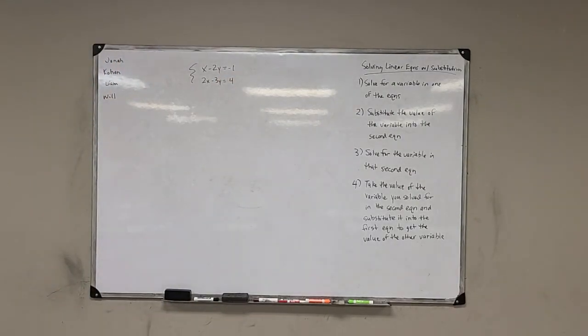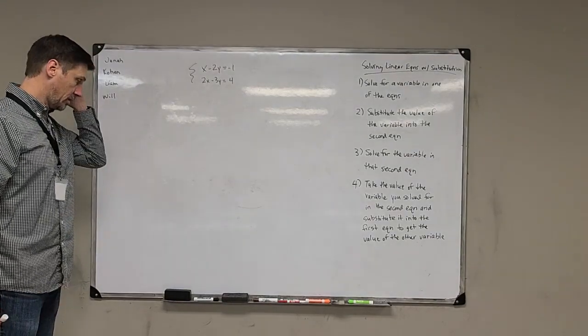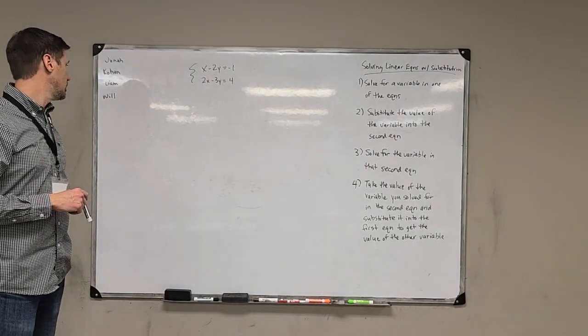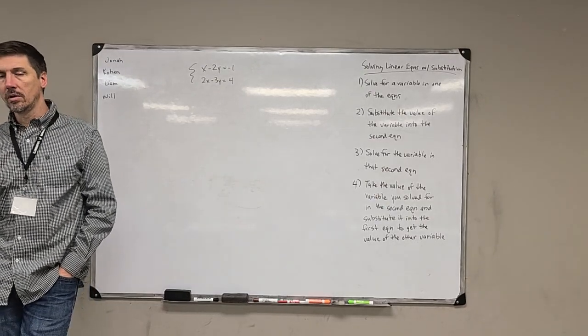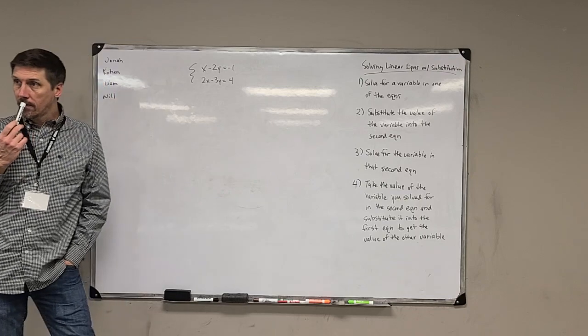And the directions say to solve for x and y using substitution. We can't immediately substitute any of the values of the variables in because neither of these equations are solved for a variable. How do we decide which equation to solve for a particular variable?